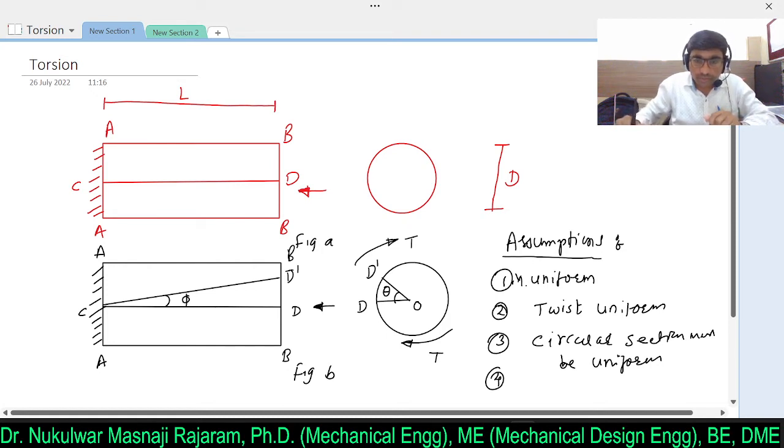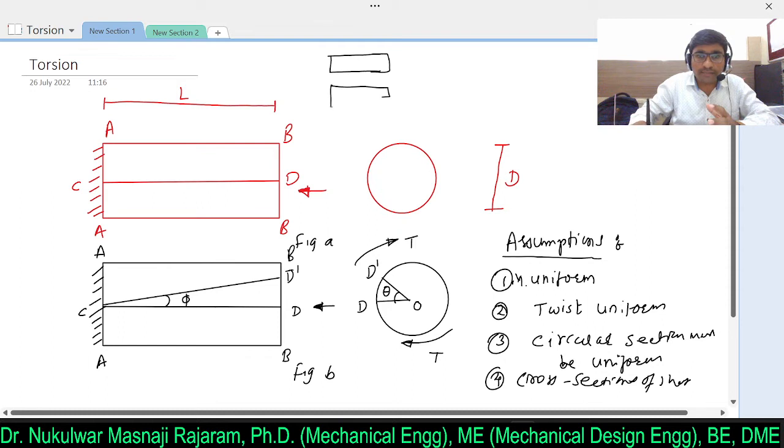Clear? So cross sections of the shaft which are plane before twist must remain plane. I will show you over here. Let's say this is a small shaft. After twist, it should not happen like this.